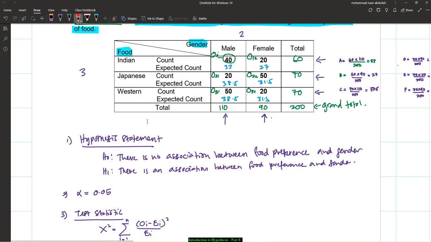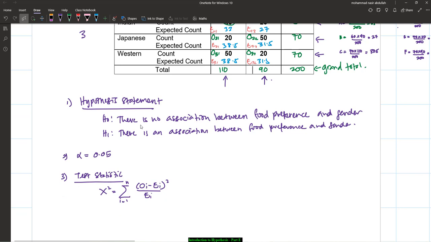And this value is expected 1,1, expected 1,2, expected 2,1, expected 2,2, expected 3,1, expected 3,2. Right, so we know the value of observed and expected.